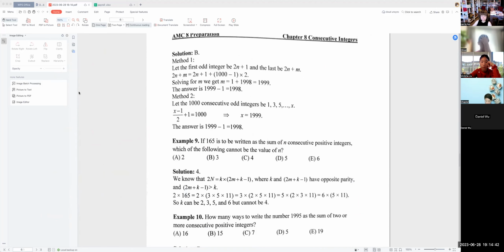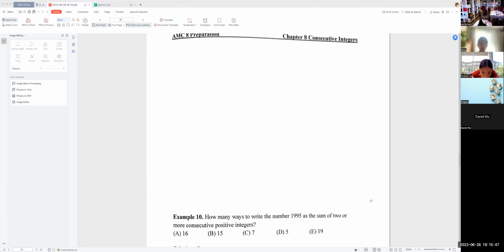So now let's take a look at number 10. How many different ways are there?